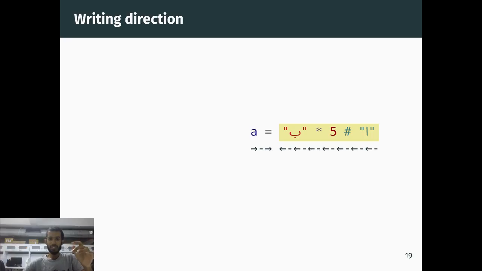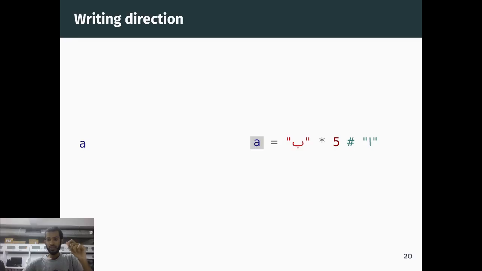So let's step through how it is being rendered. As I said, that part will be rendered from right to left. First the A is rendered, then equal to, then we go to the final letter in the comment. We are doing it right to left, then like this, then the hash, then 5, then star, then the string, and that's how it is.